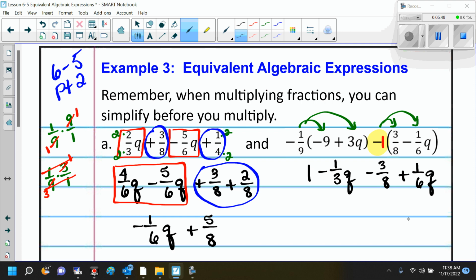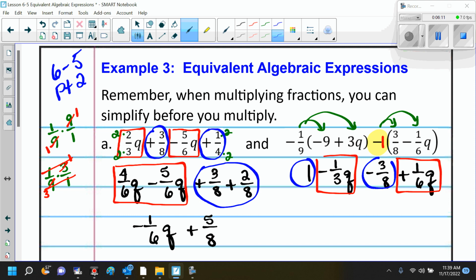Very good. So now we can combine our like terms. So we've got a q over here, we've got a q over there, and we've got a q over here. And you guys are identifying your like terms by using your shapes, right?